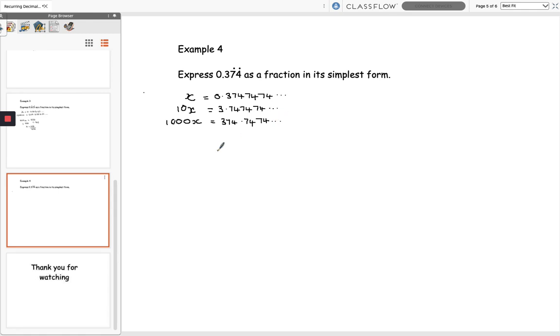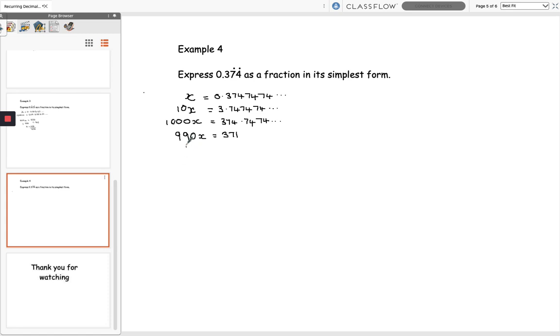Now this time, I need to find the difference between the two equations that both have the recurring group only to the right hand side of the decimal point. So I'm going to find the difference between 1000x and 10x. So 1000x take away 10x will give me 990x. And 374.74 recurring take away 3.74 recurring will give me 371.